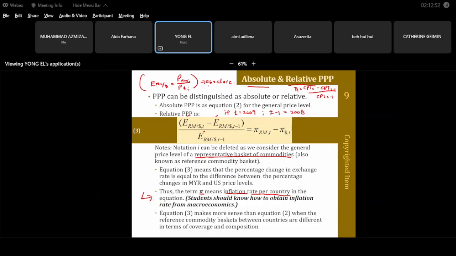It's simply that, compared to relative PPP, there is a possibility that relative PPP can produce a more accurate image, a more accurate message about the differences in price level between the two countries. Okay.